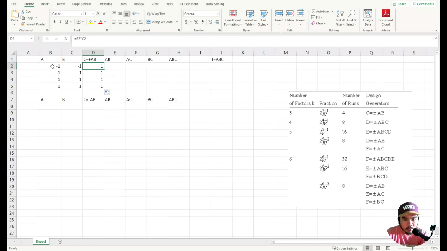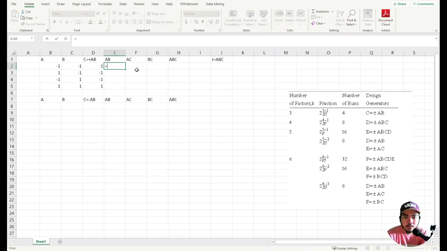Okay. So, ito, C equals AB. So, okay na yan. Tapos, AB is just equal to ito times ito. In this case, same lang si C at AB, no? And that's okay. Same lang sila kasi ngayon, naka-positive AB kasi siya. Okay? So, yan. Tapos, C equals, ito AC naman. Ito, AC.